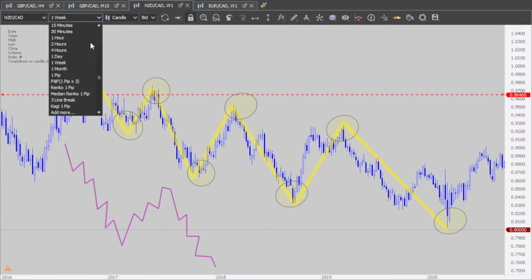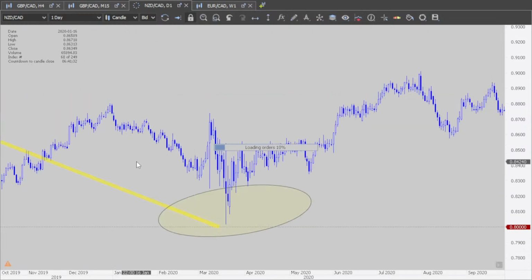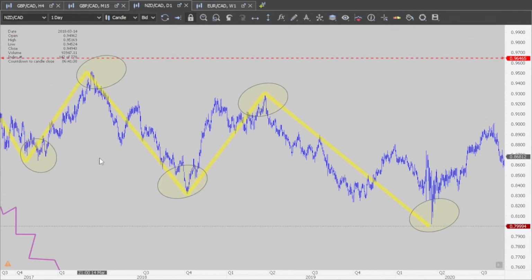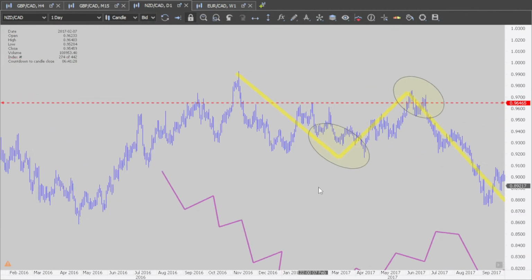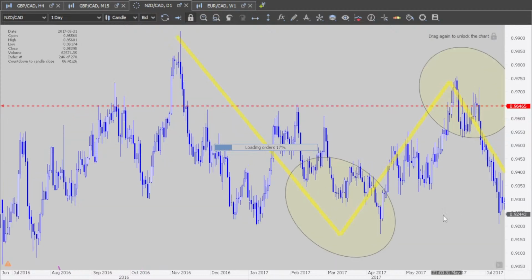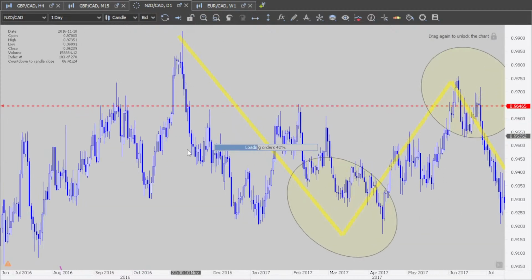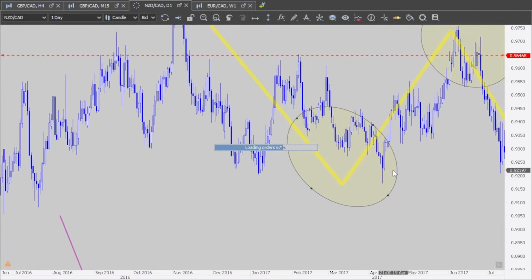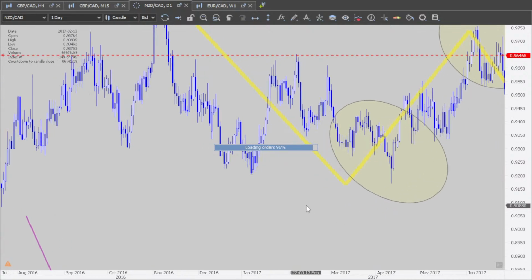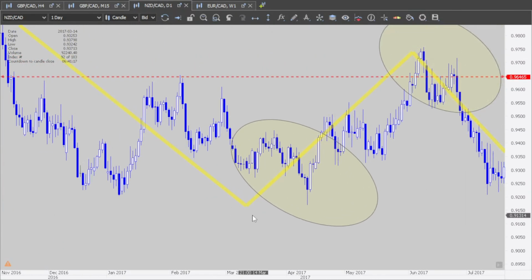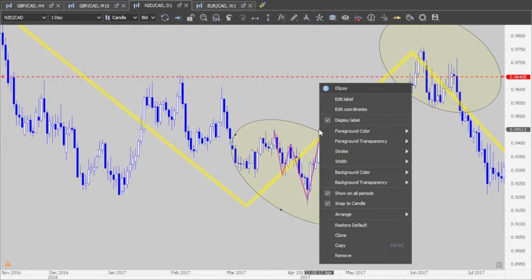Now let's go on the daily chart, everybody, and we are going to zoom in. Okay, now this is the daily chart. So this is the circle, everybody. First example, left tip, center tip, higher high.